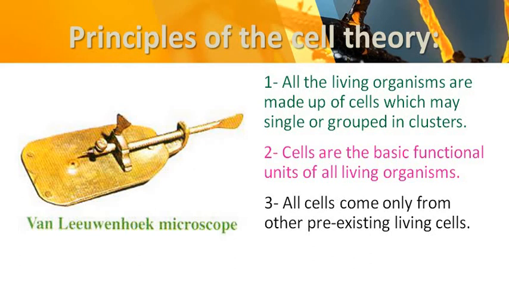The cells are the basic functional unit of living organisms. And all cells come from pre-existing cells. So all living organisms are made up of cells, and all cells come only from pre-existing cells.